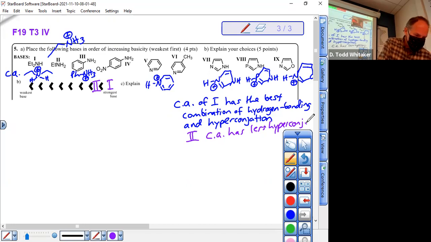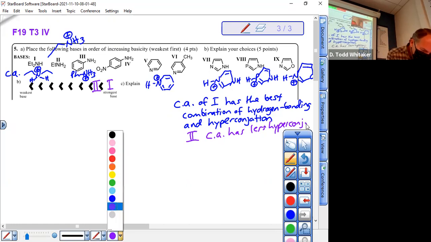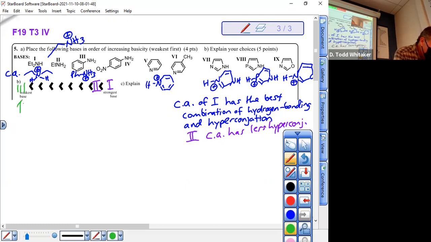Aniline makes the worst base. So I'm going to do that right here. And you're always going to use the same explanation for the aniline one. I'll put it right here. Anilinium can no longer resonate with phenyl.